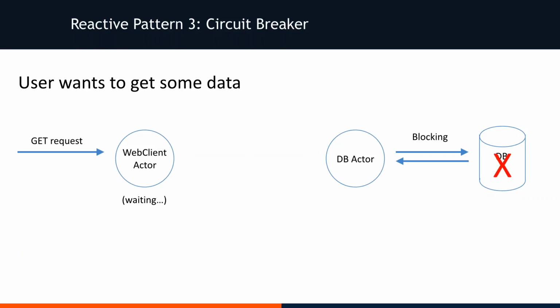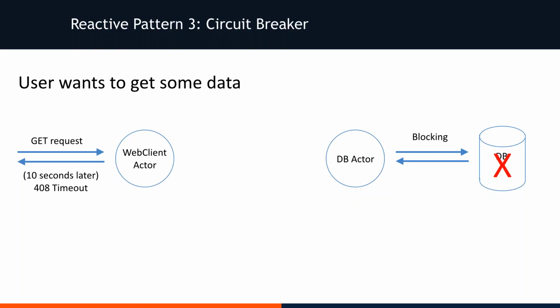Now, the database actor is not able to send a response back. So after a little bit, the web client actor will trigger a timeout, and say 10 seconds later, the user will see something on his web page.